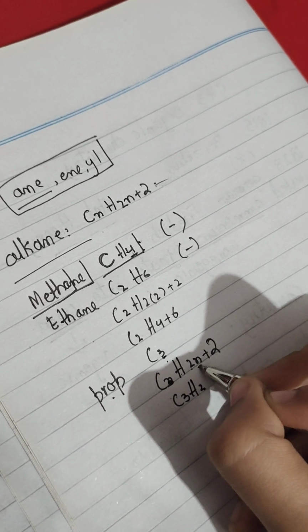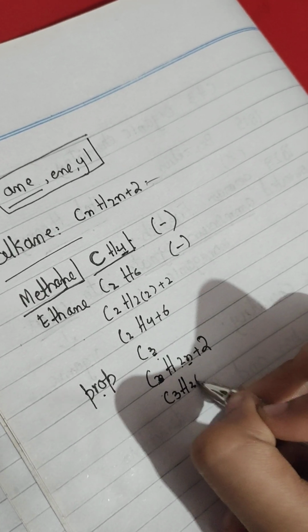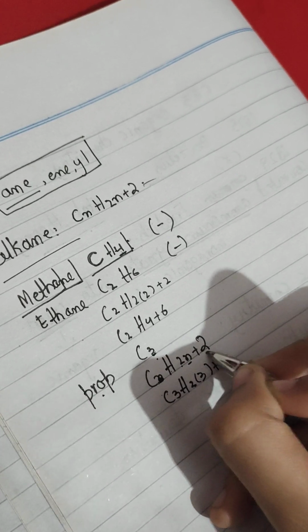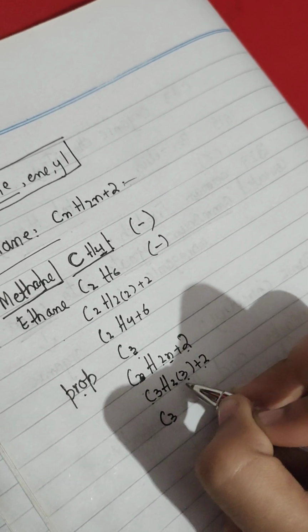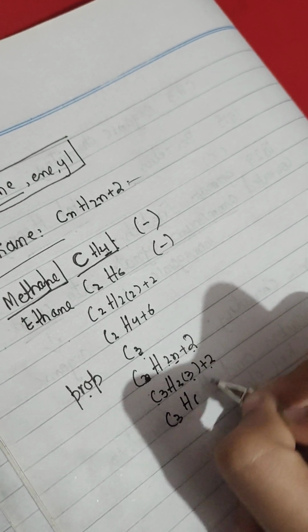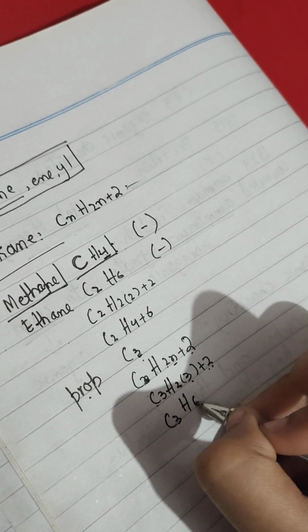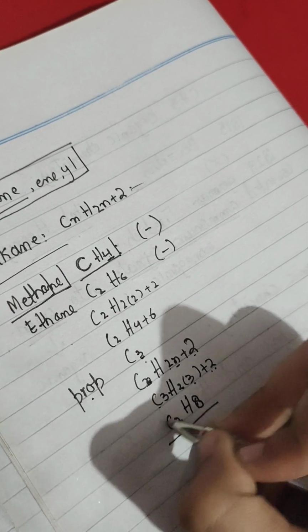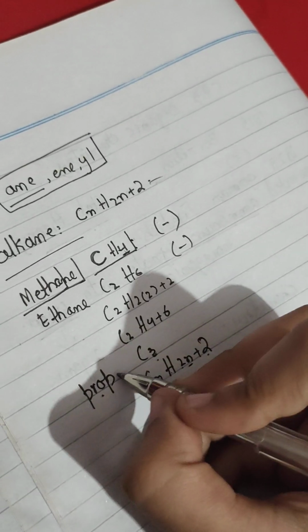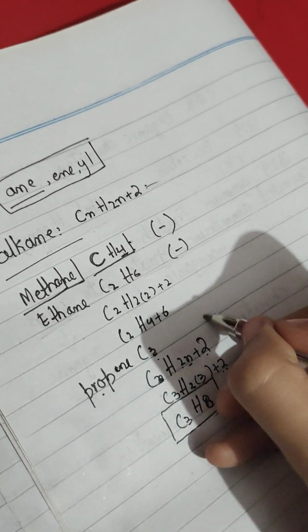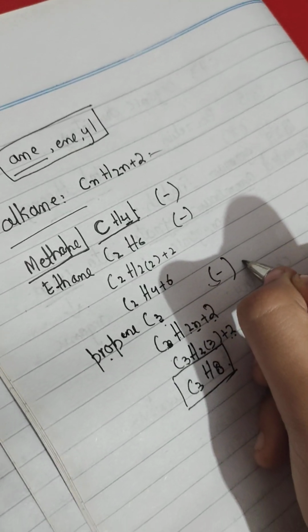From the formula, 2 times the number of carbons plus 2: 3 1s are 3, 2 3s are 6, and 6 plus 2 is equal to 8. So hydrogen will be 8. This is the single bond. Okay, so we add ane here, and this is called propane, with single bonds.